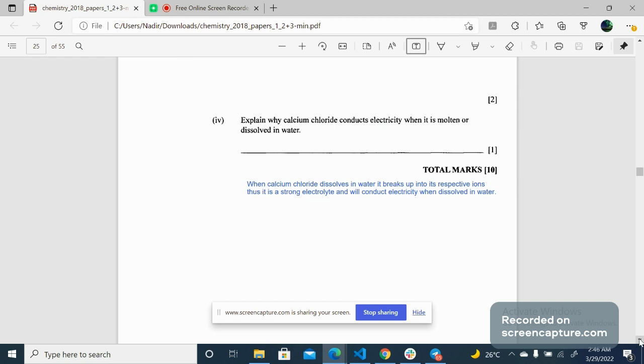So the answer to this question is that calcium chloride has the property that it gets dissolved in water, and when it does so, it gets separated into its respective ions. This compound gets separated into its building blocks, the constituent ions.